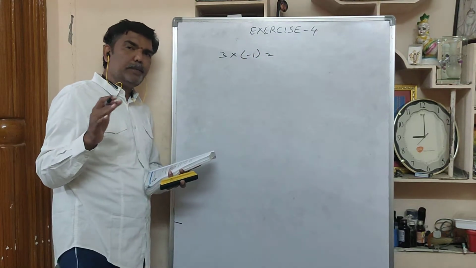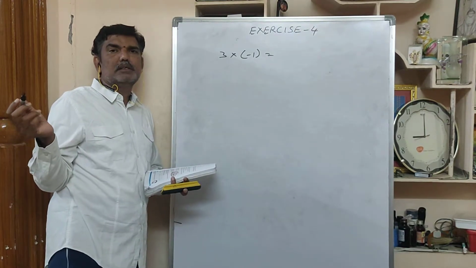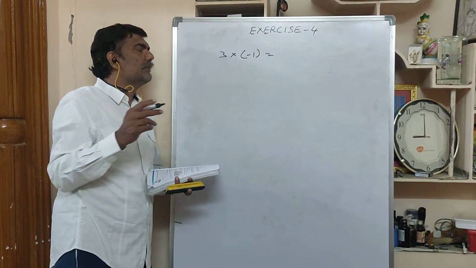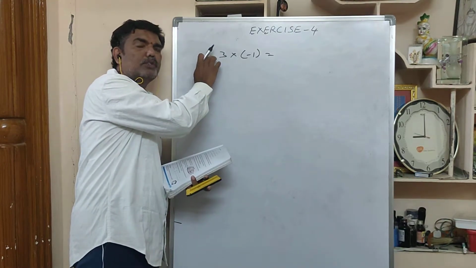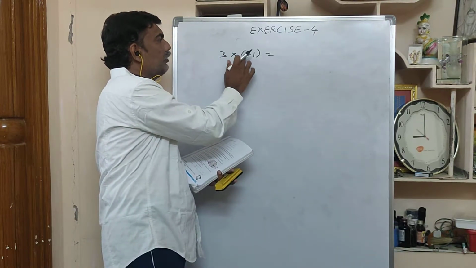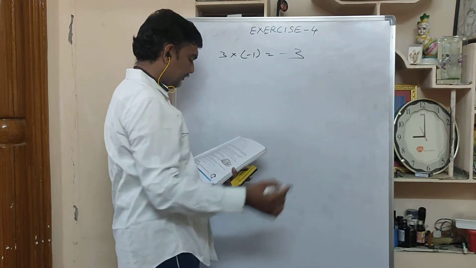How to do multiplication? What I said to you? First multiply all symbols. Then go for numbers. Here also the same. 3 before has no symbol, no symbol means positive, plus. 1 before is minus. Plus into minus, and the answer is minus. 3 ones are 3.